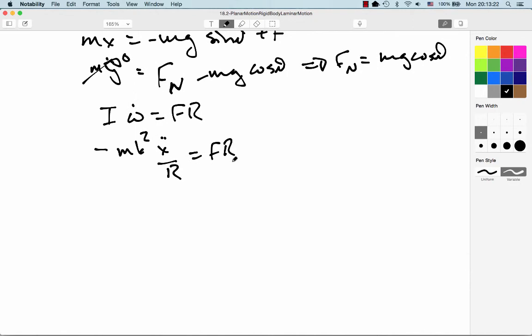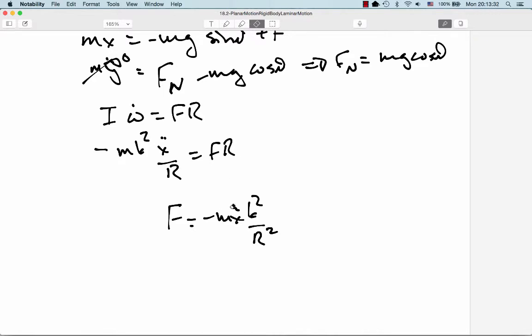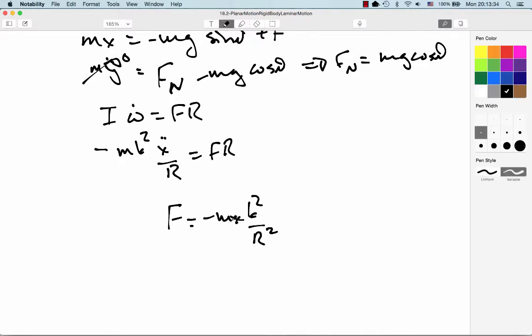So we get that F is equal to minus m x double dot k squared over r squared. We can do that because we've got the constraint here that minus x double dot has to be equal to r omega dot.